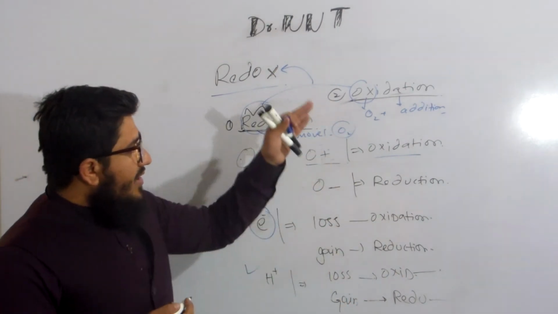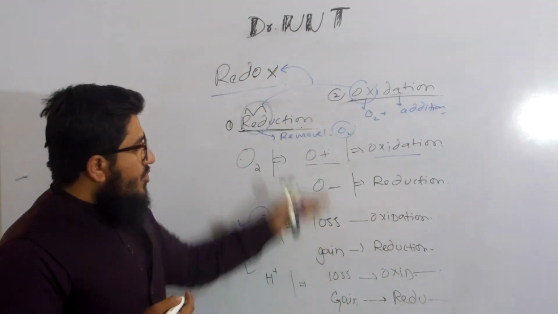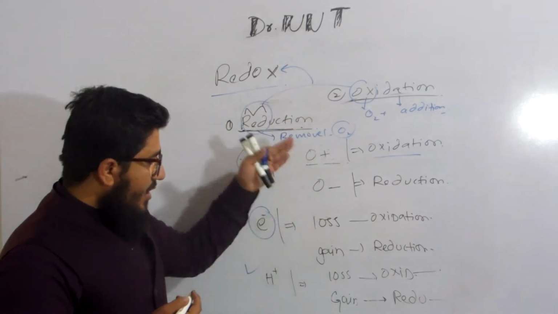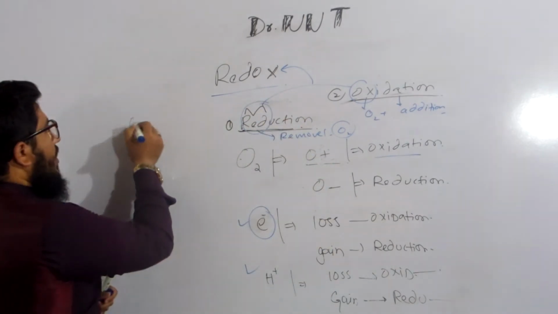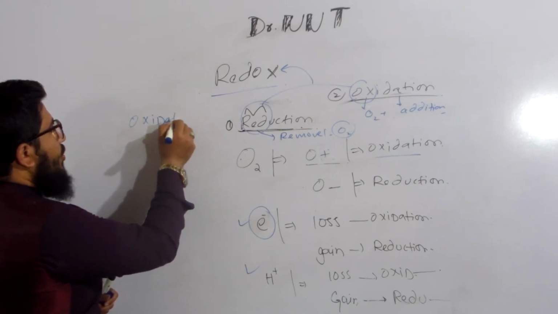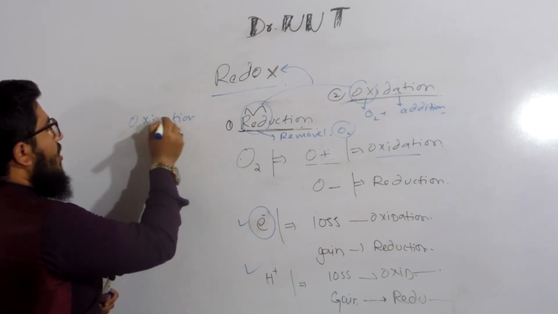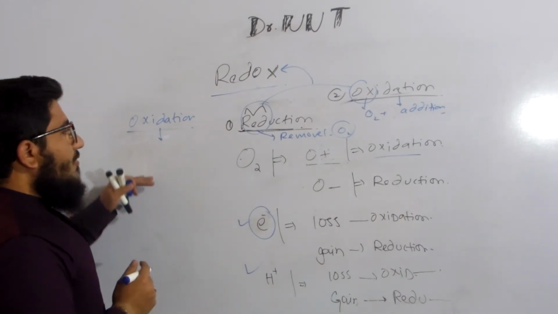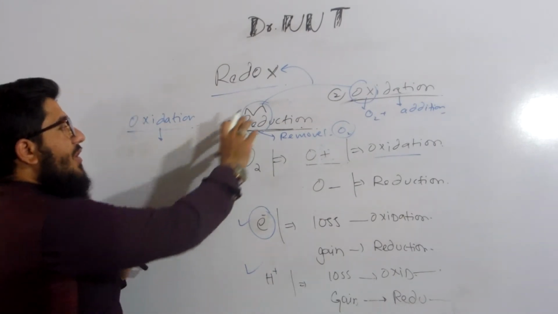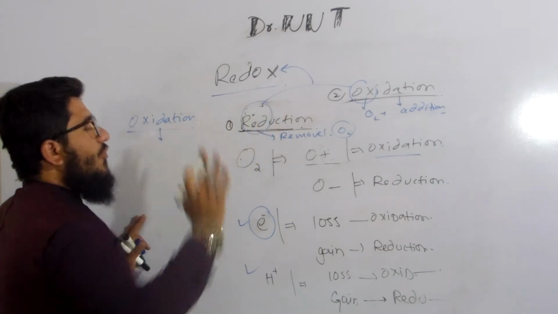Now we will understand the same definition, the complete flow chart given here, in a single line. I told you to remember oxidation. If you understand oxidation, then reduction reactions will become very easy for you.